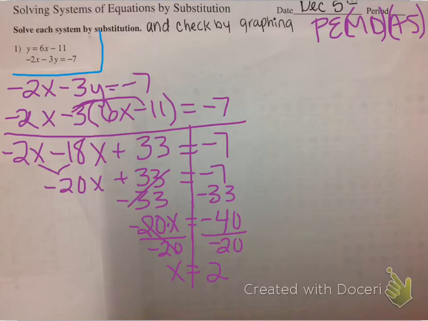Now every time I solve a problem, I want to circle it so that I don't lose it. And I want you to remember that we said our solution is an ordered pair. So right now we have the x value. We're still missing the y value. Step 5 says substitute for the other variable. So I'm going to take this x that I have and put it in here to get y.